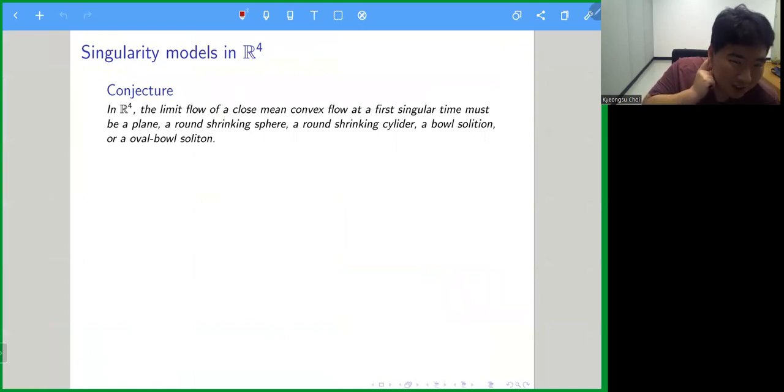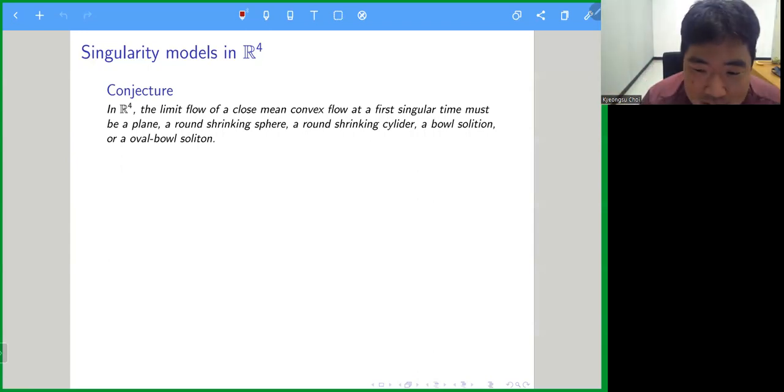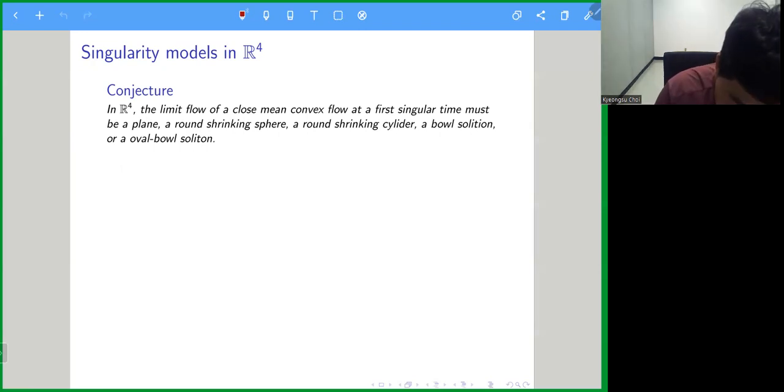Usually the R4 case is particularly interesting because for applications of topology, low dimensional topology is always interesting, and 4 dimensional is the most interesting case. Anyhow, we can expect some similar things, but there is one more possibility, the bowl solution. This is a translator.